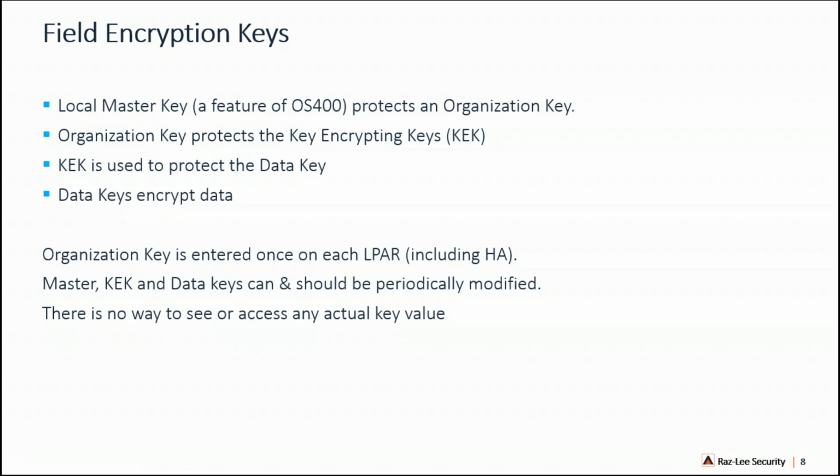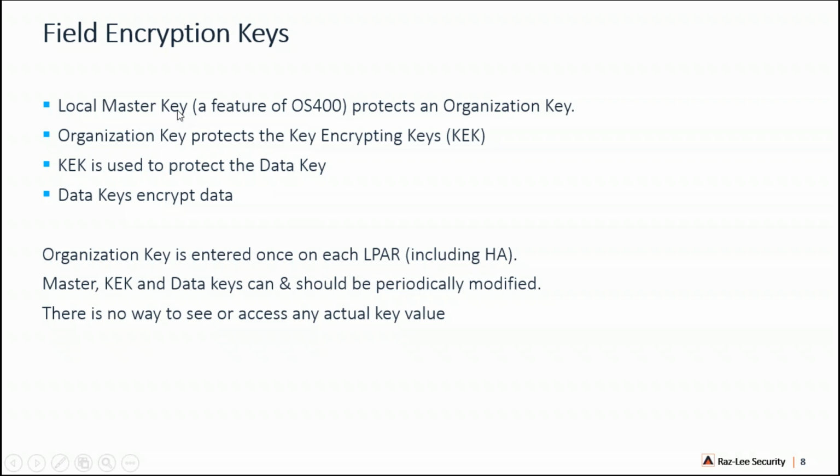The field encryption keys. Now on the IBM i, there is something which is part of the operating system, called master keys. Master keys, just 1 to 8 master keys are possible, up to 8 master keys you can have on the IBM i. They are stored in a way that even QSECOFR is not able, even if you dump all the memory of the IBM i, to find out what the key is.